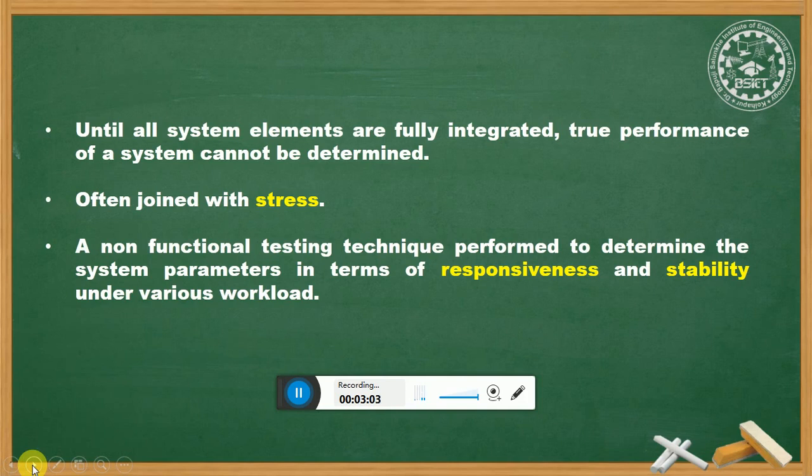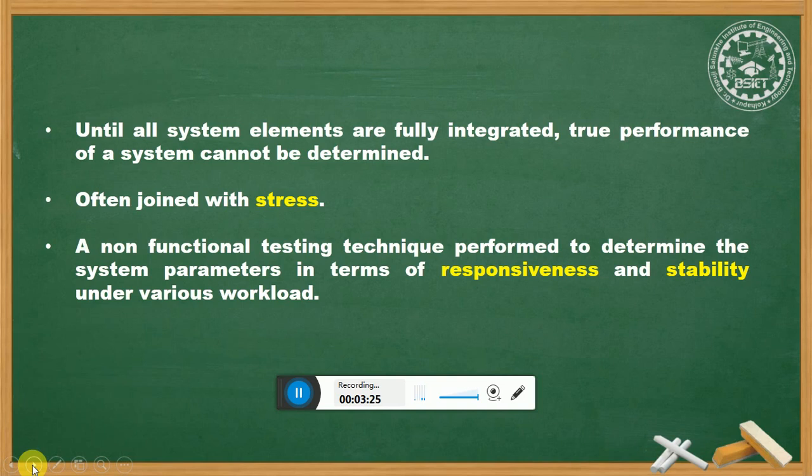This means that while going for performance testing, we need the entire system, which should be fully integrated. Then and only then we can get the true performance of the system.